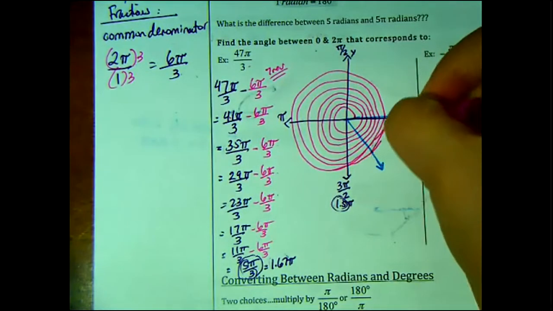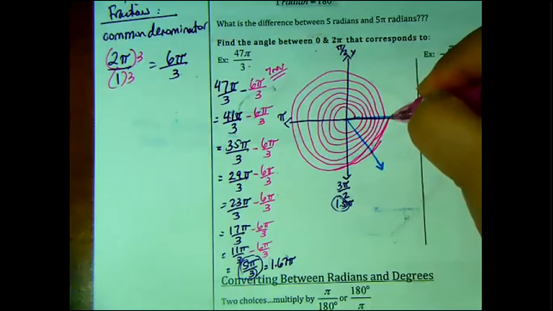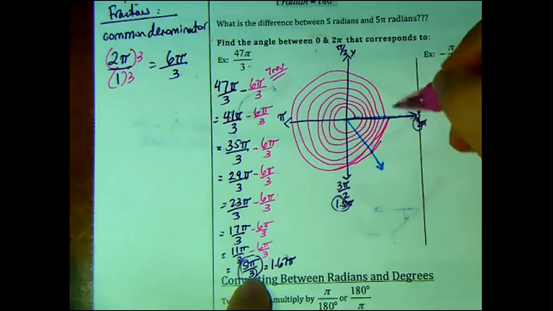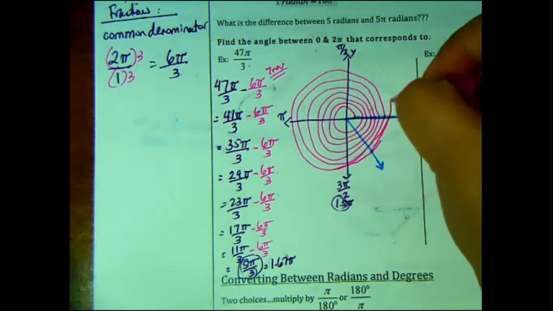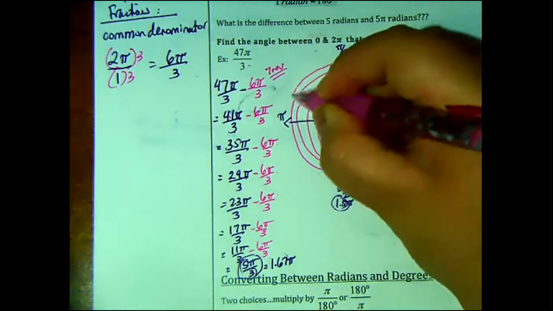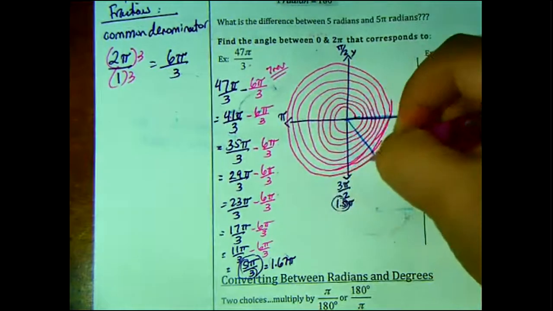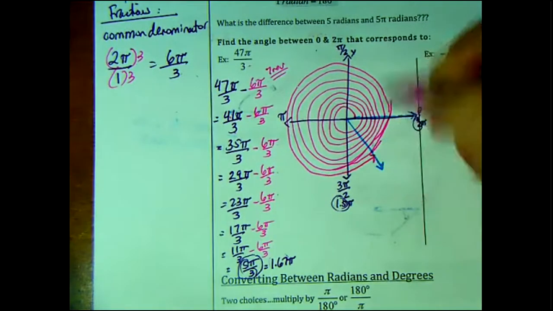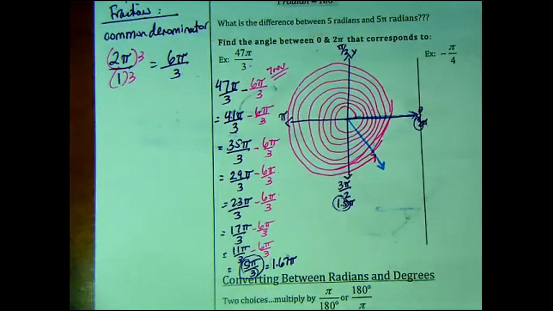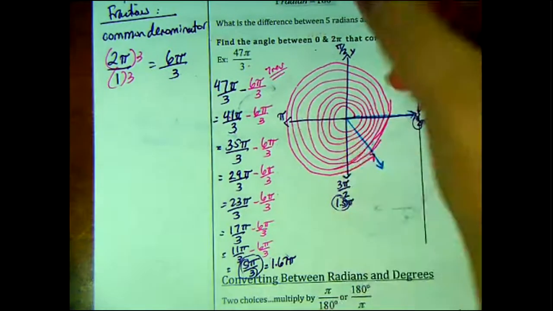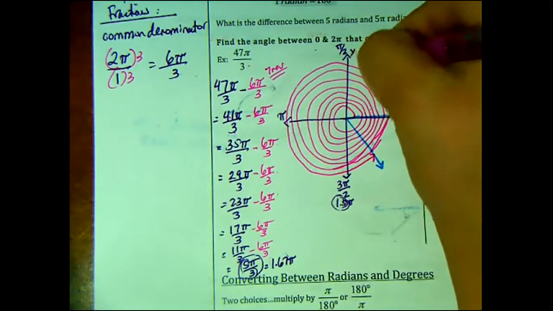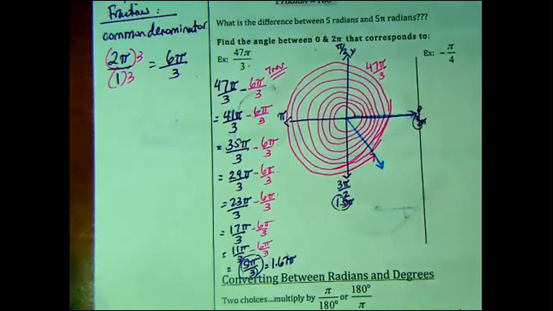That one got eaten there. 7, and then the 5 pi over 3. Okay, so this is our 47 pi over 3.